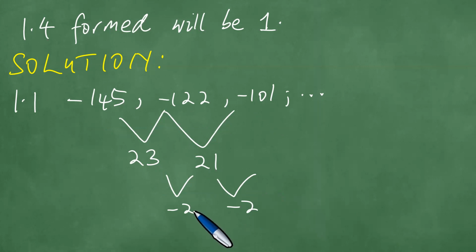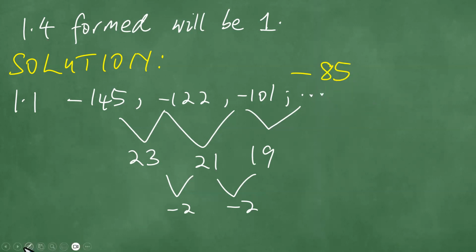So 23 minus 2 is 21. 21 minus 2, you get 19. Here it is 23 plus this that produces that, 21 plus this produces that, and 19 plus this produces a minus 82 here.